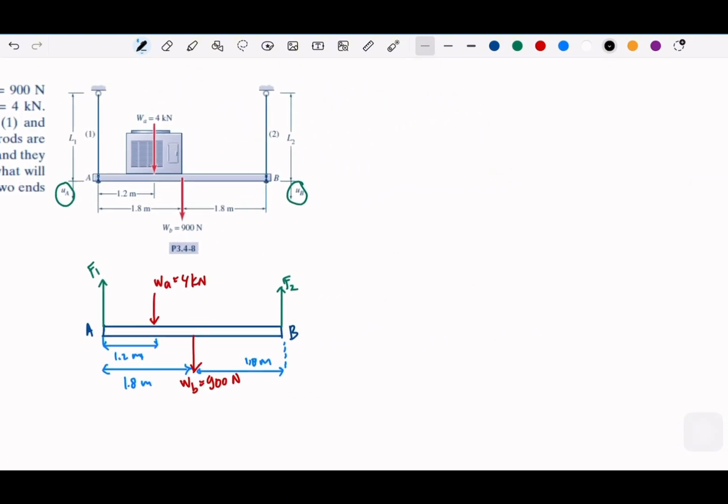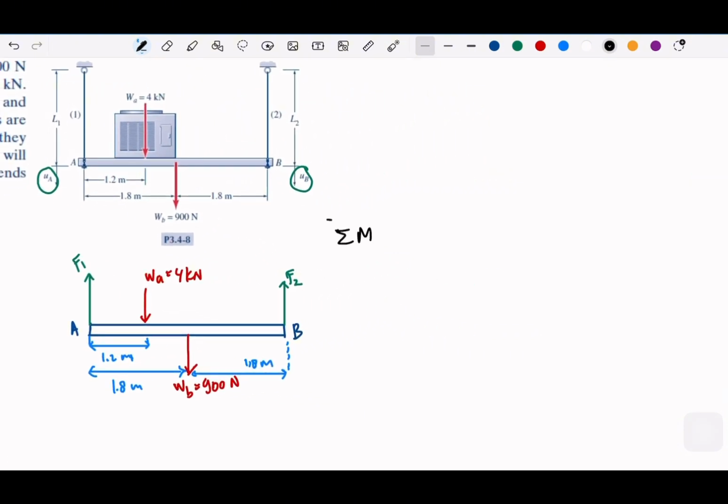So first we can take the sigma moment with respect to A. Let's say this will be our positive value.